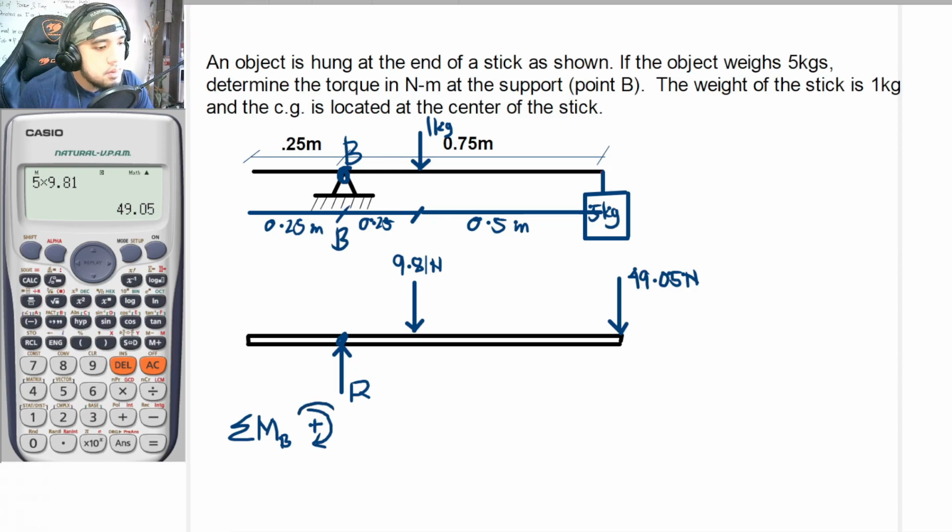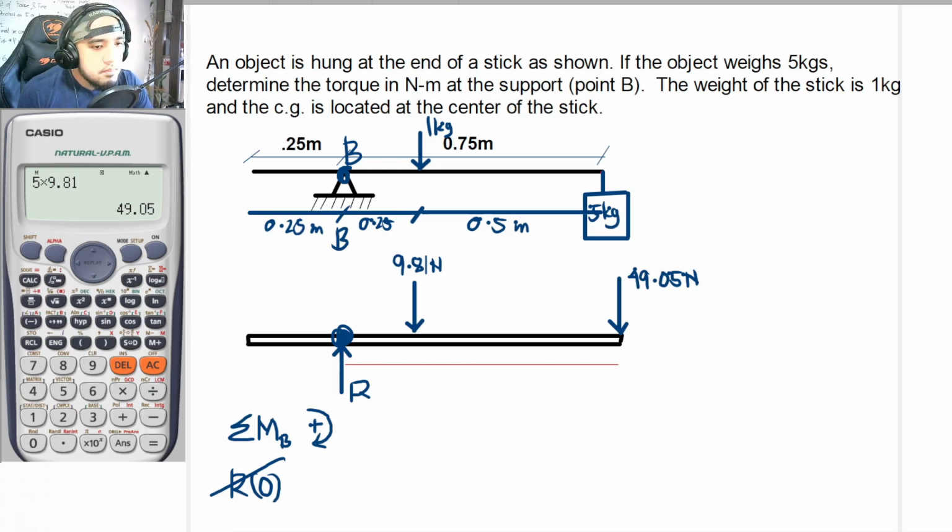Once again, it would be up to you if you want clockwise positive or counterclockwise positive. So considering this point, for your support reaction R, you would just be multiplying it by 0 because its lever arm is 0 meters. Thus, 0.